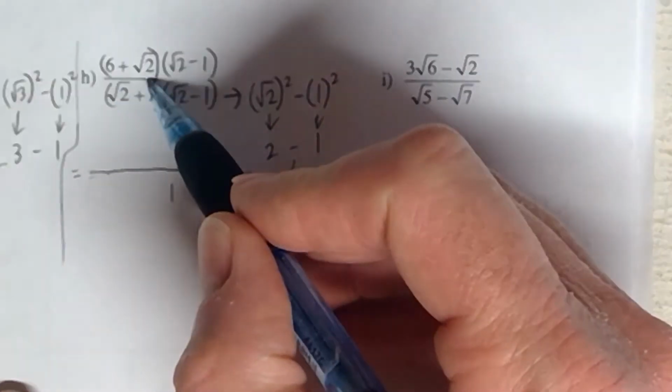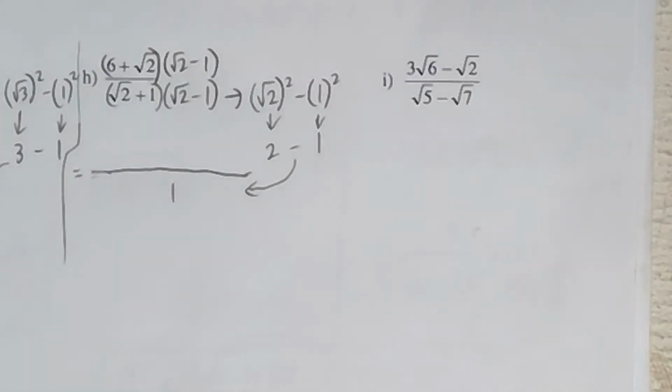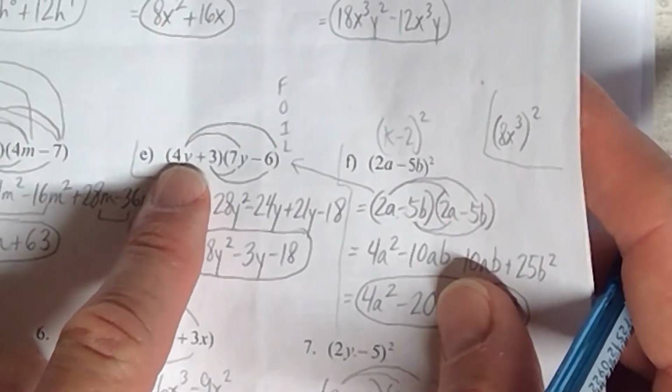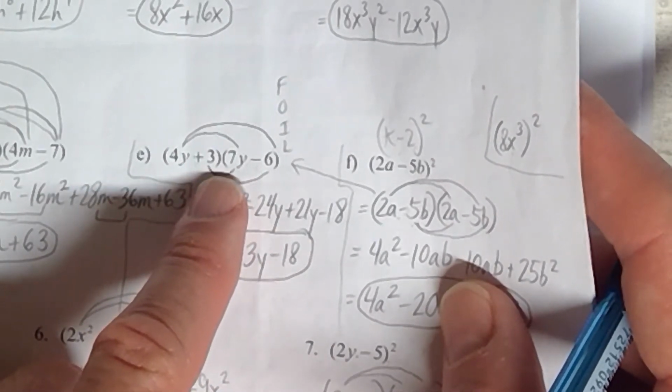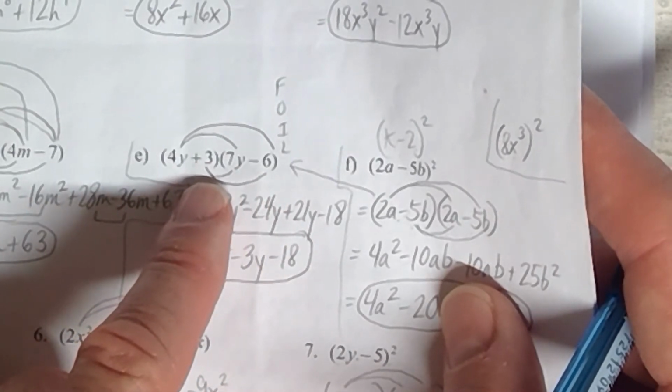So if I got a bracket here with two terms and I got a bracket here with two terms, what does that remind you of? Let me help you out here if it's not coming to you. What that should remind you of is, back on the first day of class, if you've got two terms in each bracket and you're multiplying, the pluses and minuses break it up into two terms in each bracket.